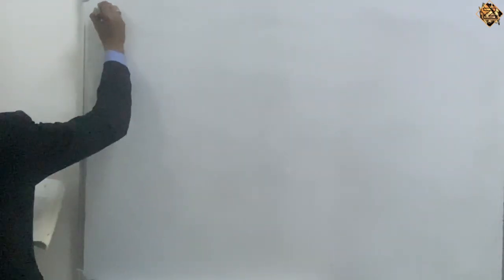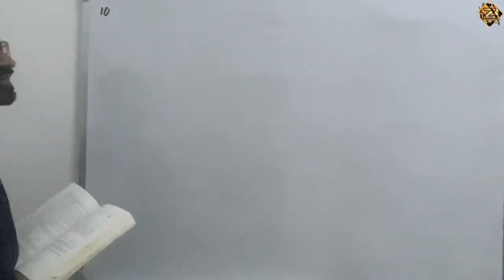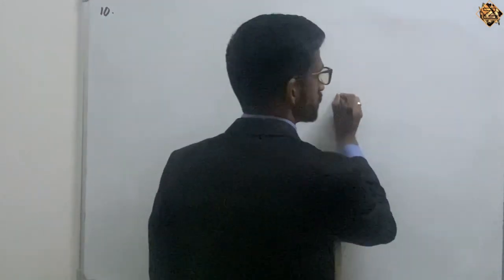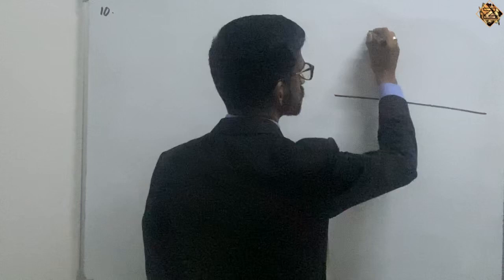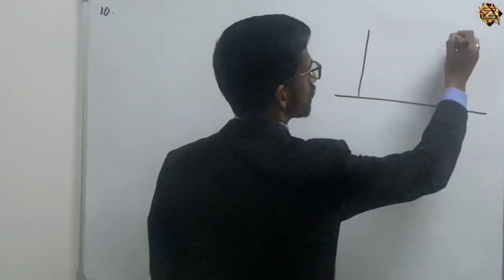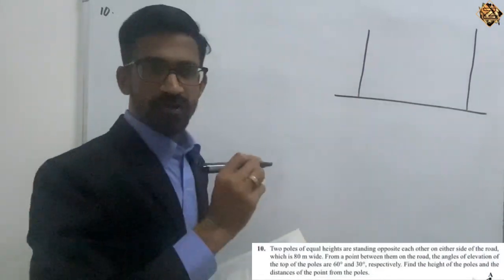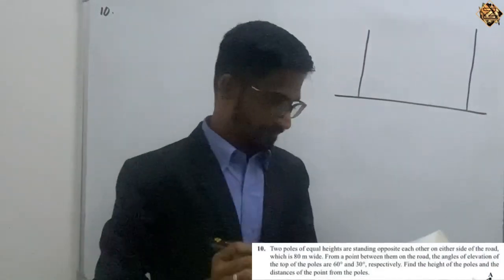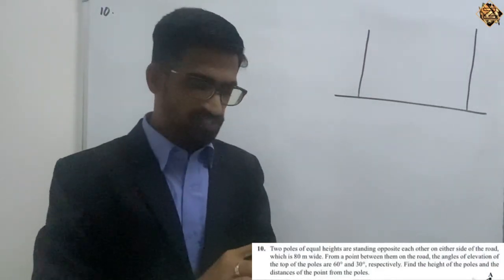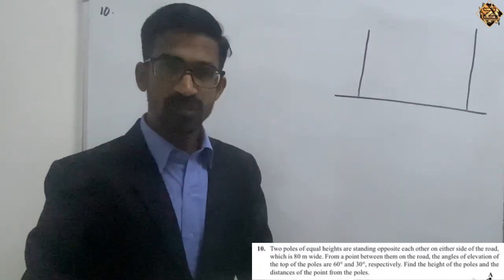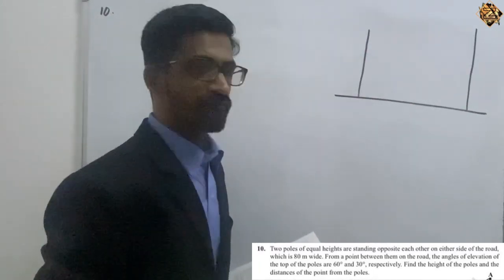Okay, so here in question number 10, it is given two poles of equal heights, isn't it? So first we will draw two poles of equal heights standing on either side of a road, opposite each other, which is 80 meter wide.